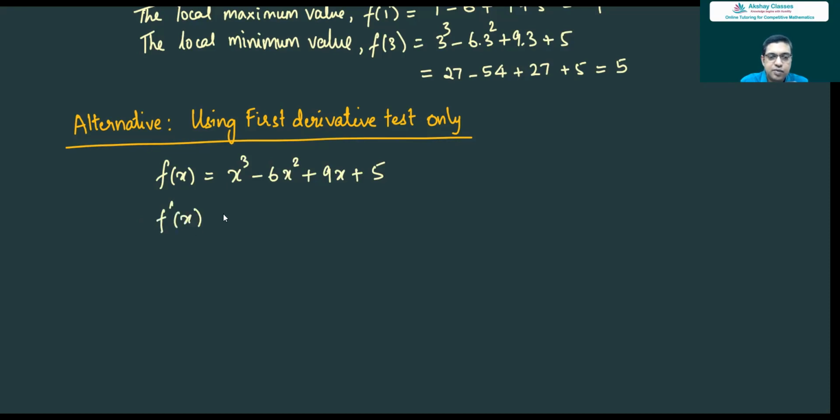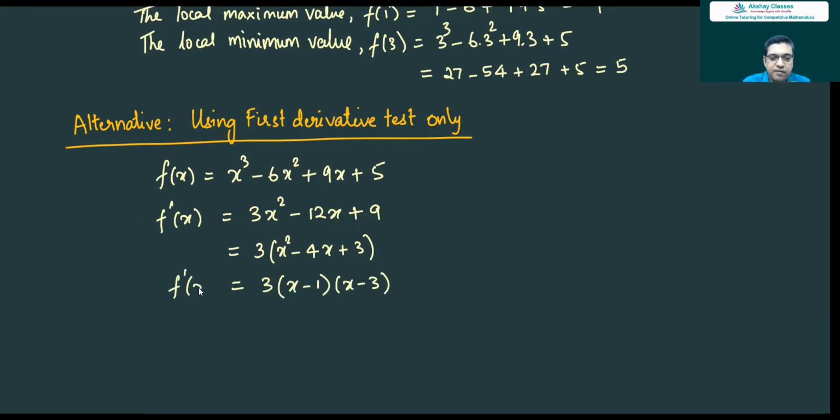The first derivative, as we found earlier, I'm writing again: 3x squared minus 12x plus 9, which is 3 into x squared minus 4x plus 3, which is equal to 3 into x minus 1 into x minus 3.